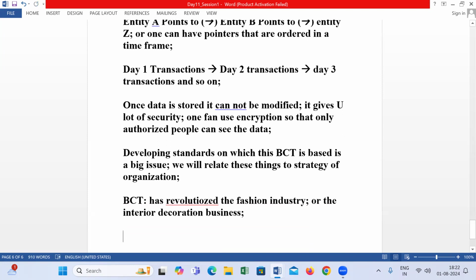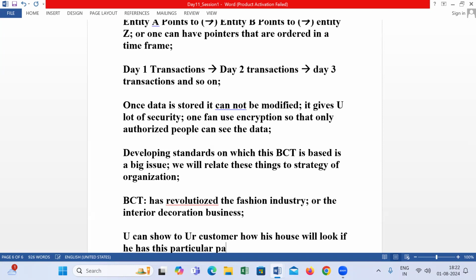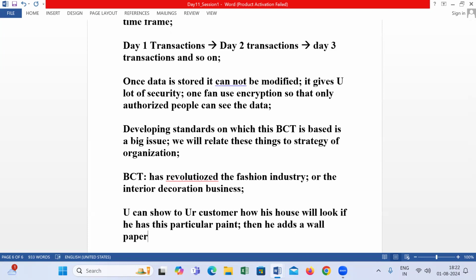You can show to your customer how his house will look if he has this particular paint. Then he adds a wallpaper, and shows how it looks. Then he adds many other things.